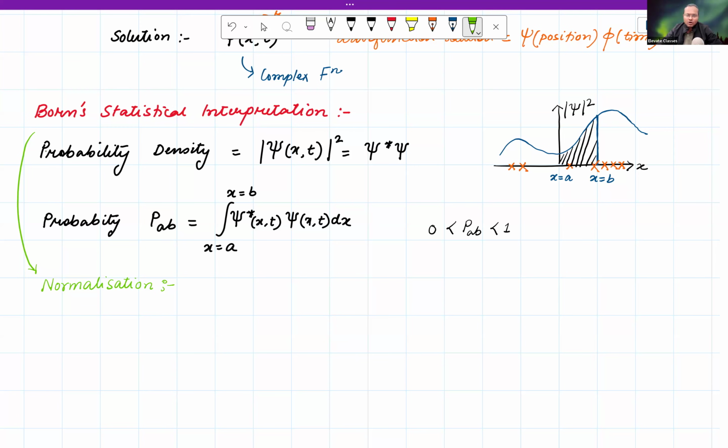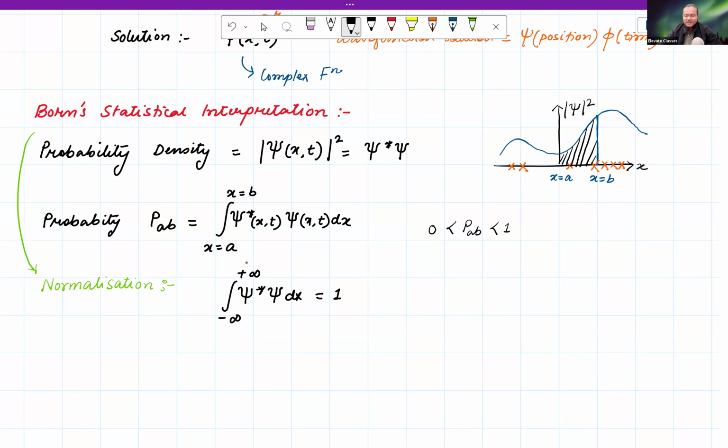Otherwise, they will not give us meaningful information. What it means is that if I perform the calculation of probability of a wave function solution from minus infinity to plus infinity, that means what is the probability that the particle exists somewhere in the universe in one dimension, then it has to be equal to 1.